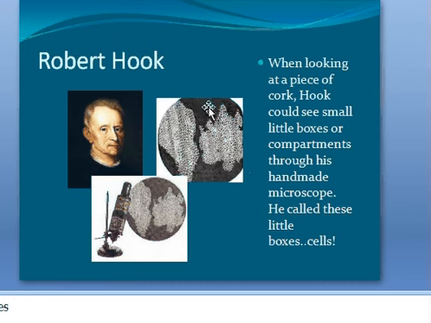But he could actually see little boxes in there, and he called those little boxes the cells of cork, because remember, all living things are made up of cells. So Robert Hooke was the guy that first developed a very primitive microscope, and actually determined that living things are made up of little things that look like little boxes, that he called cells.